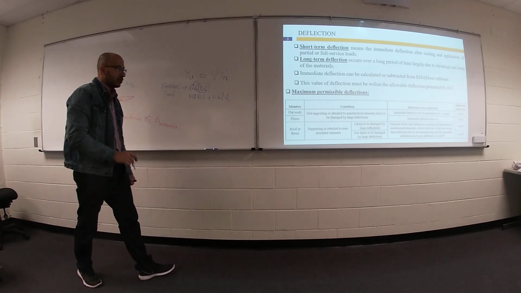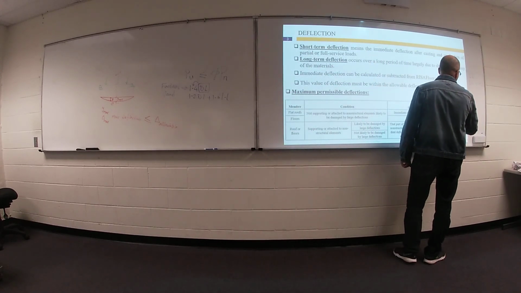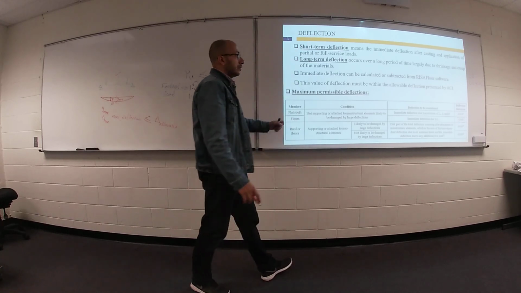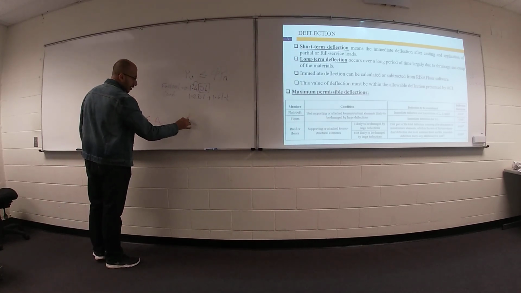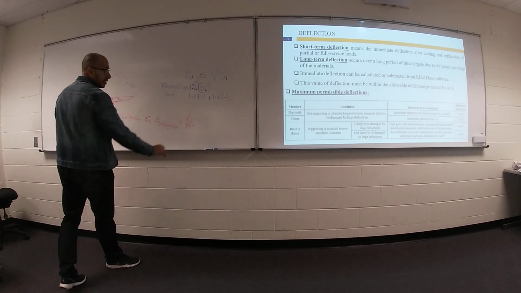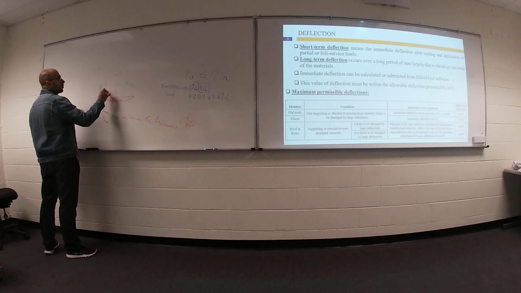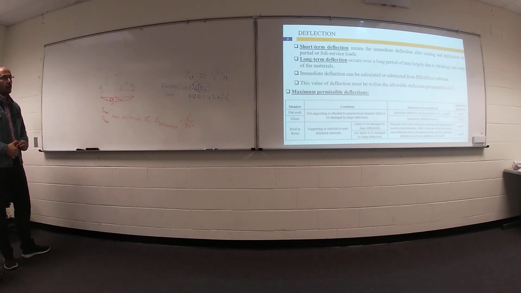In this case, most of the time we are using this value because we are talking about live load for floors. Your value is L over 360. That's right? Yes. What is the meaning of L? Total length of your beam.